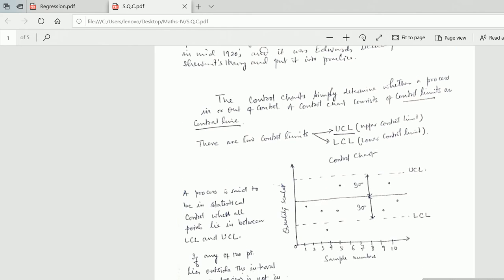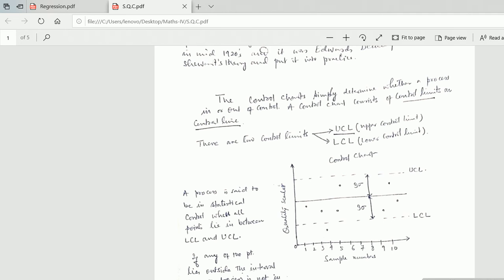You can see here the control chart simply determines whether a process is in or out of control. There are two control limits: upper control limit, given by UCL, and lower control limit, given by LCL. As I told you, a control chart consists of control limits and a central line.